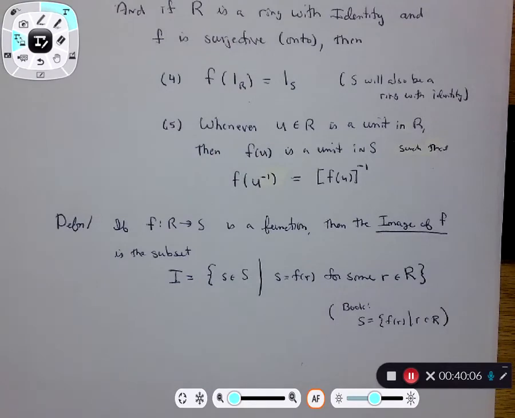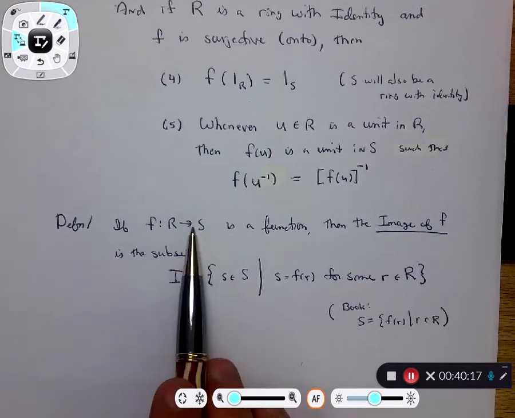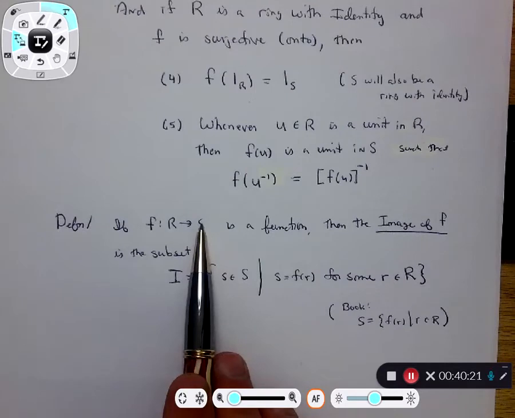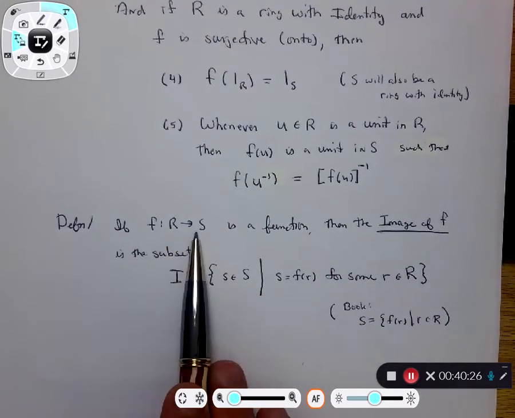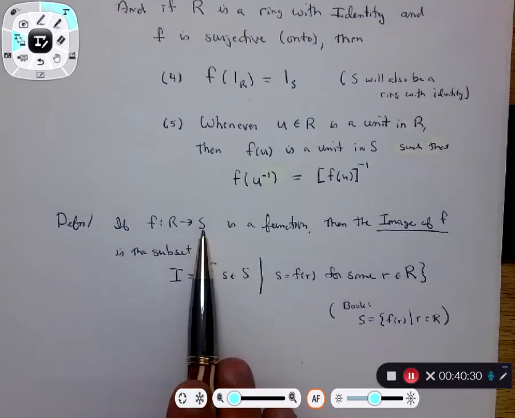The image of a map is actually all the elements that actually get mapped to. So it's the guys over here in S that get mapped to. Now, if F is surjective, everybody in S gets mapped to. But what if F is not a surjective map? Then maybe not everybody over there in S actually gets mapped to.